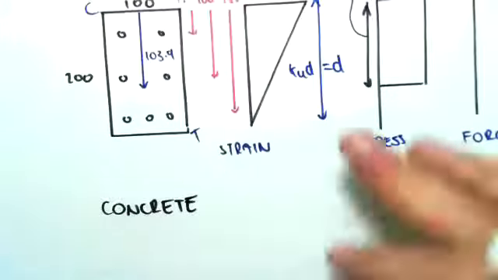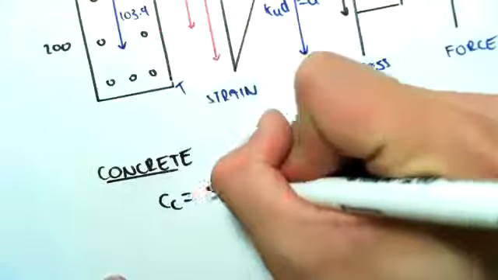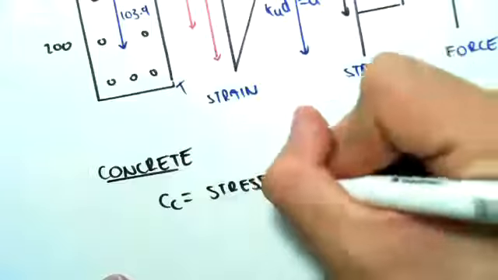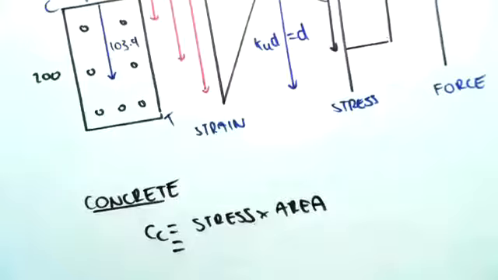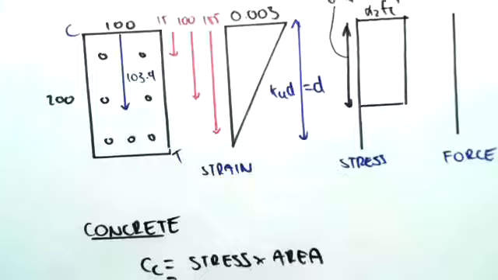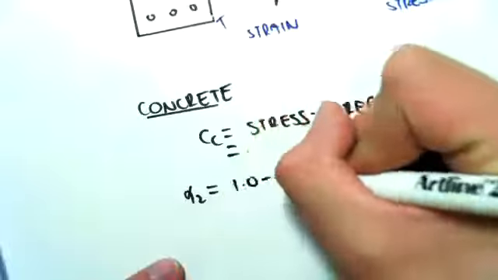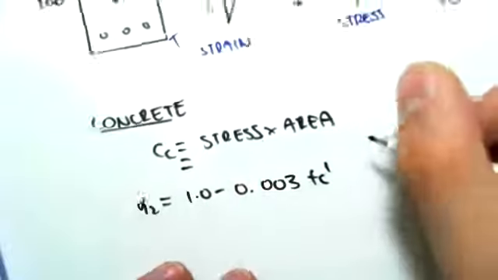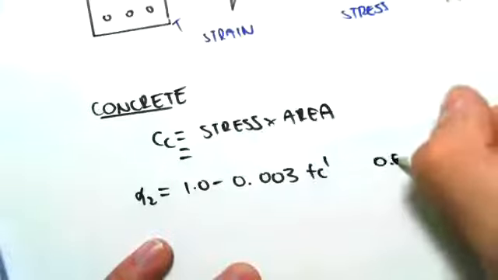For the concrete, the compression is always given by stress times area. It's the same as a force. The stress we need is alpha 2 fc dash, that's the actual stress, where alpha 2 is equal to 1.0 minus 0.003 fc dash, where alpha 2 has to be between 0.85 and 0.76.